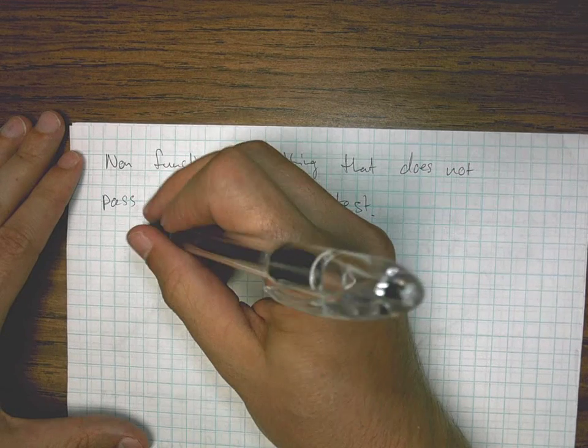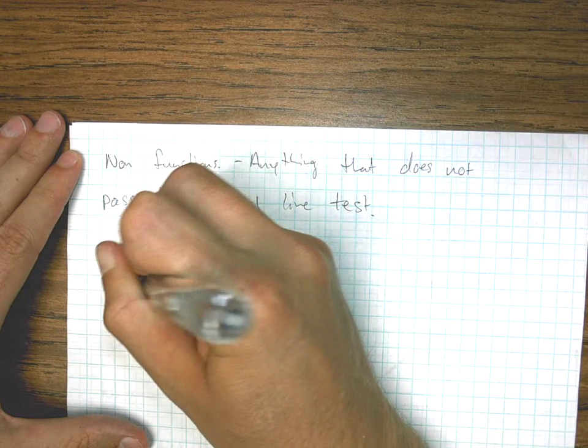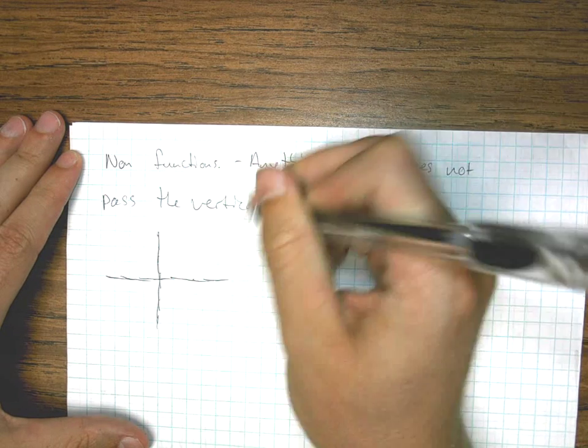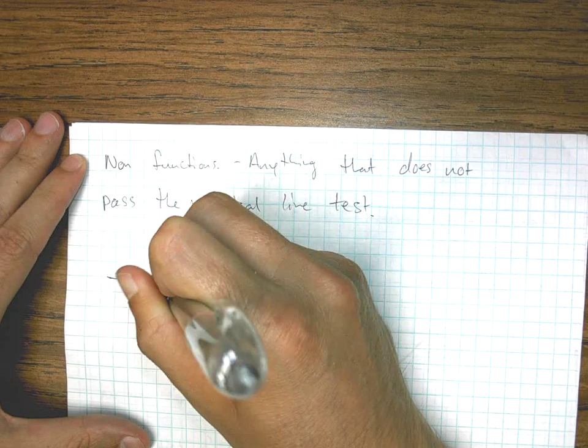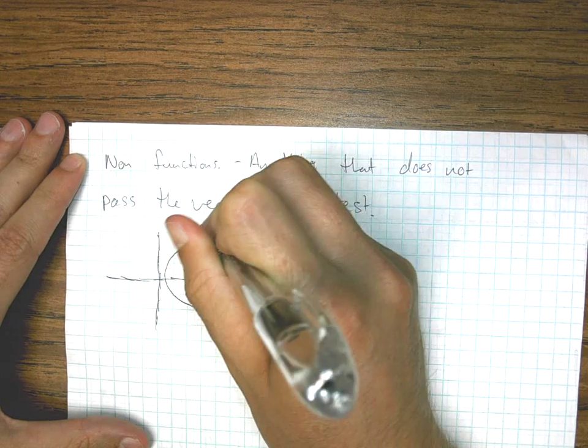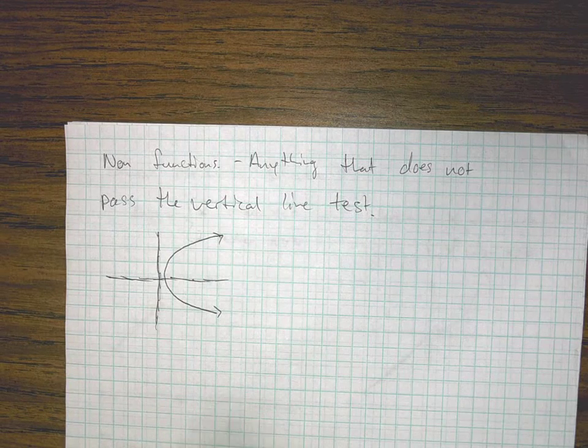So for example, okay, if you take this function here, actually it's not a function, but if you were to look at this graph, you think, okay, it's a sideways U-shaped graph, it's a function, it's like a quadratic, right? Wrong.